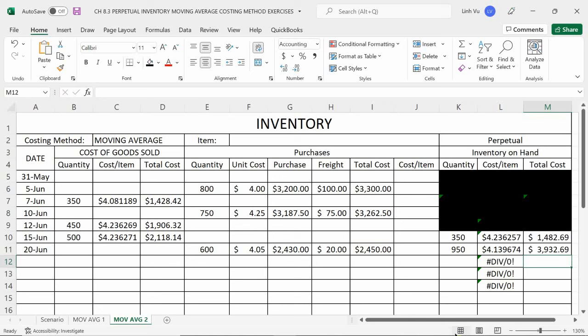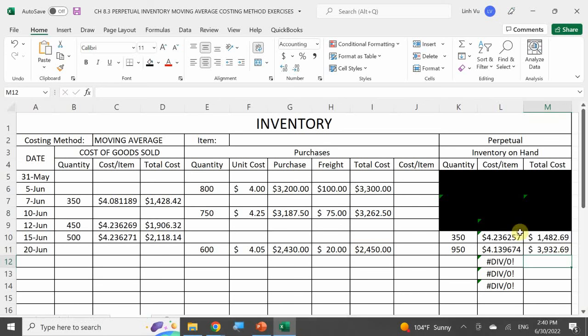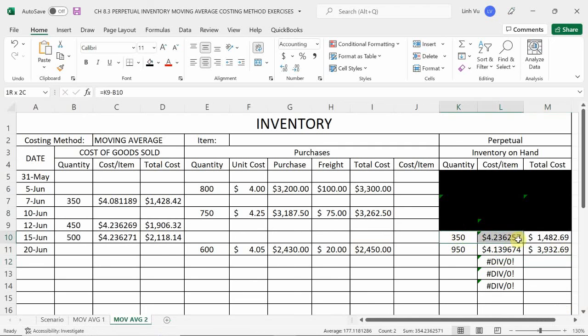So that will definitely drop your average cost now because you paid significantly less per item for this batch of inventory you just purchased. So in this case, it dropped my average cost from $4.23 to $4.139674. So in this case, it dropped your average cost by exactly 10 cents. Okay.